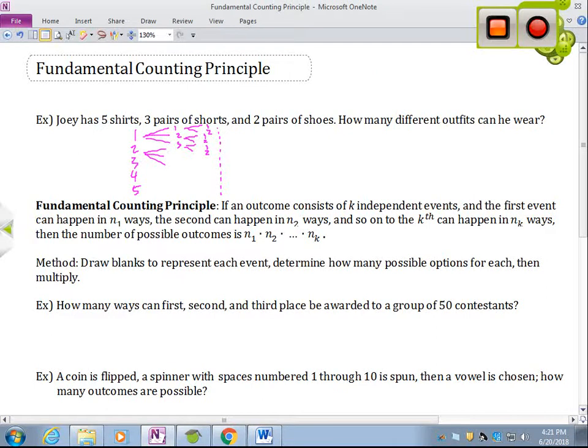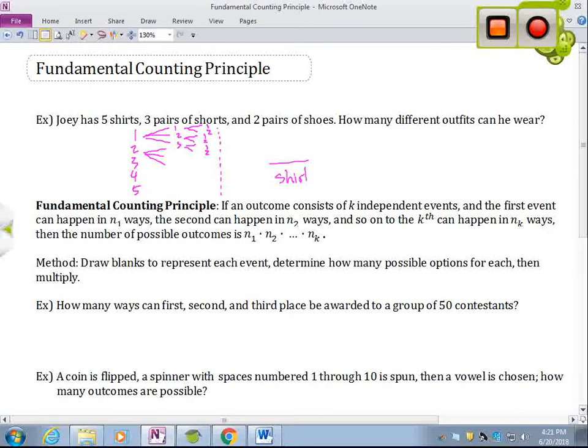And it turns out that there is, because each shirt goes with each pair of shorts, okay? Then we have 5 shirts times 3 pairs of shorts to match with each of those, and then 2 pairs of shoes to match with each of those, so we would do 5 shirts times 3 pairs of shorts times 2 pairs of shoes, and we get something like this.